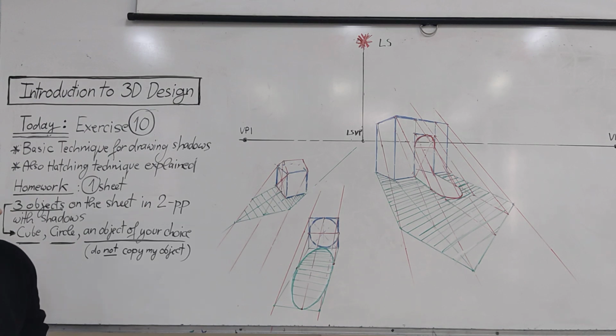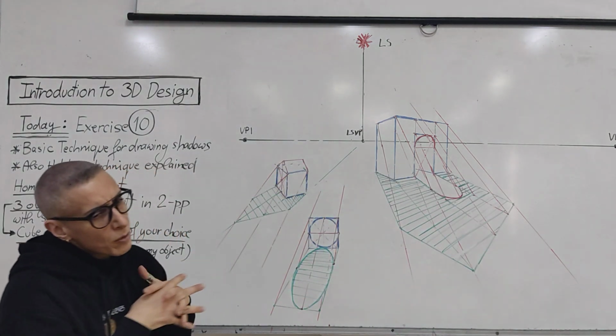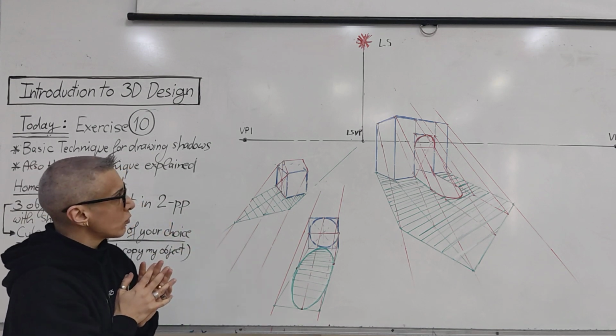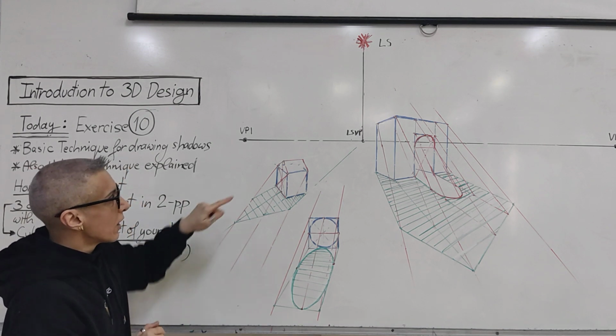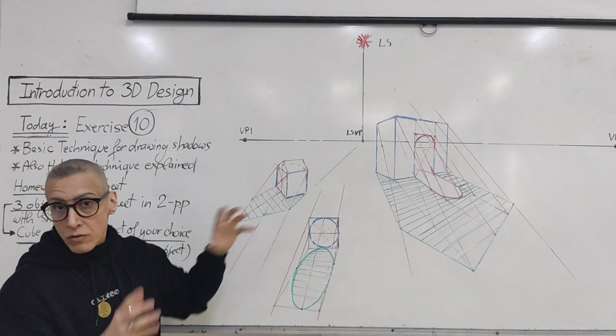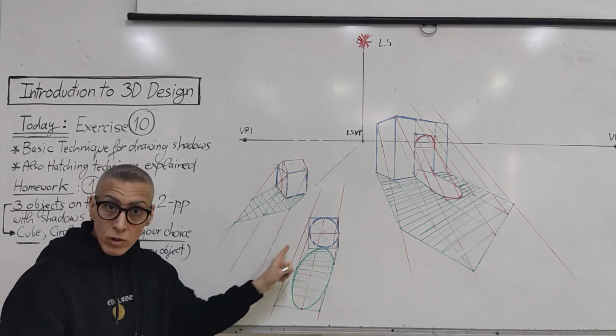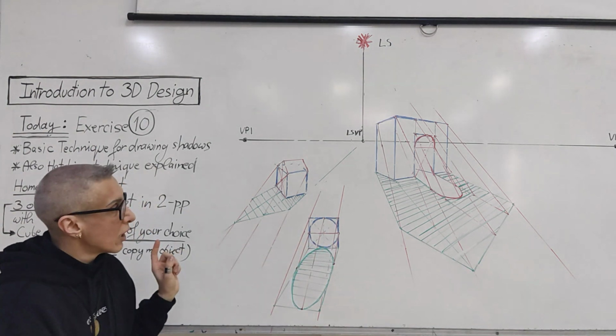So, yes. So this is basically drawing shadows of objects. Now, when you do your homework, you need to do what exactly? Okay? Without these additions, just a cube, a simple cube, just to understand the method. This one, the circle with the square, okay, of course.